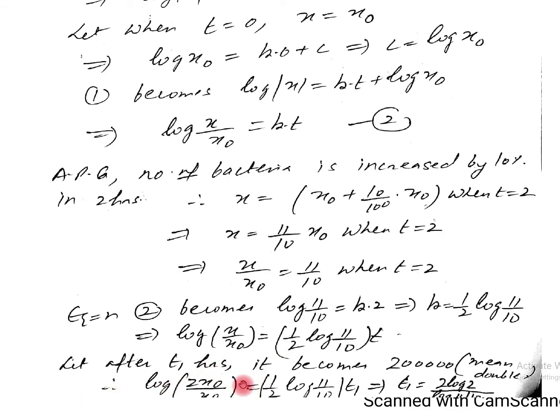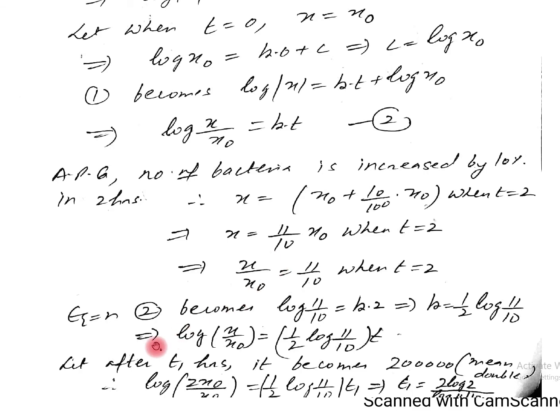So this implies t1 equals, simplifying it, 2 log 2 upon log of 11 by 10 is equal to the value of t1.